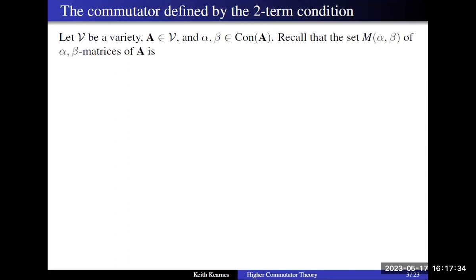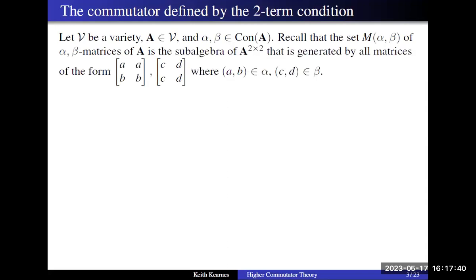So I'm going to recall, we talked about alpha-beta matrices last time. They were defined by taking these trivial 2 by 2 matrices, constant on the rows, or constant on the columns.